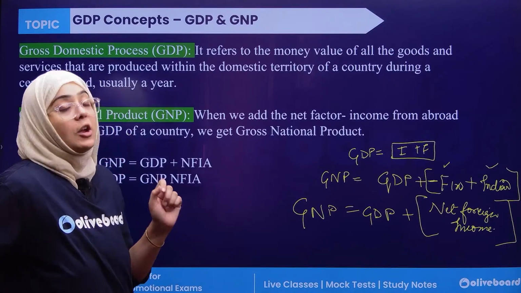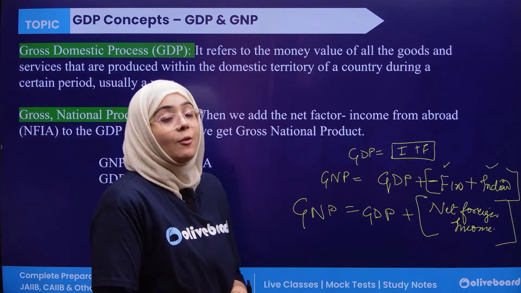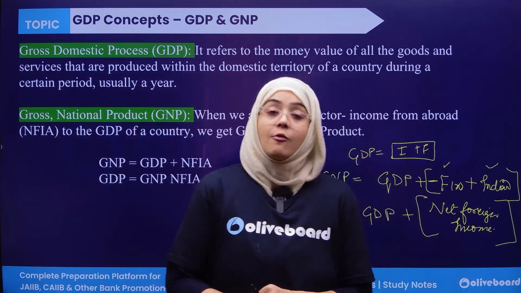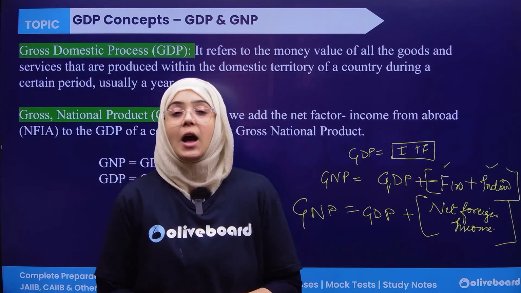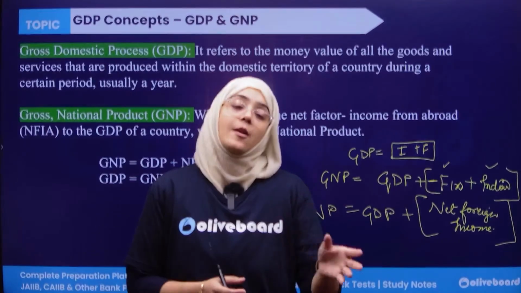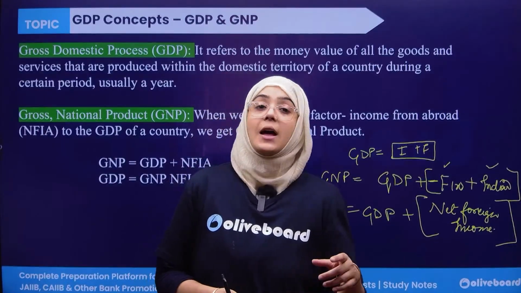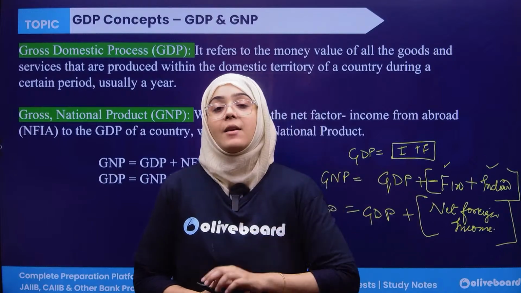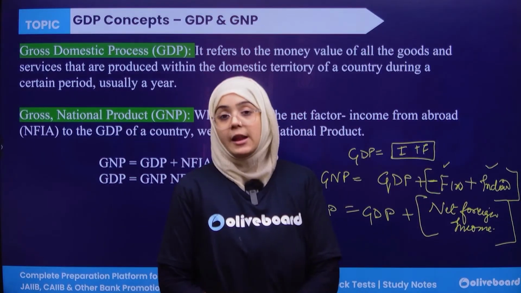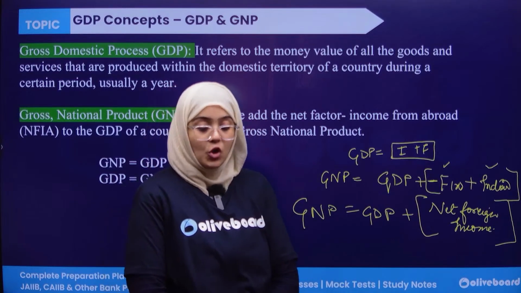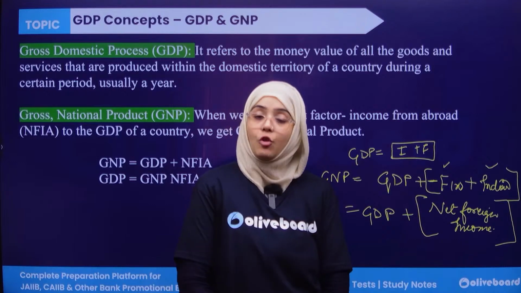Next, if we talk about the gross national product, for calculating gross national product, first we have to subtract all the income of foreigners which are earned in India but remitted outside India, and add all the income of Indians which are outside India but remitted to India. Now this minus this, we will get net foreign income. So the final formula is gross national product is equal to gross domestic product plus net foreign income from abroad.